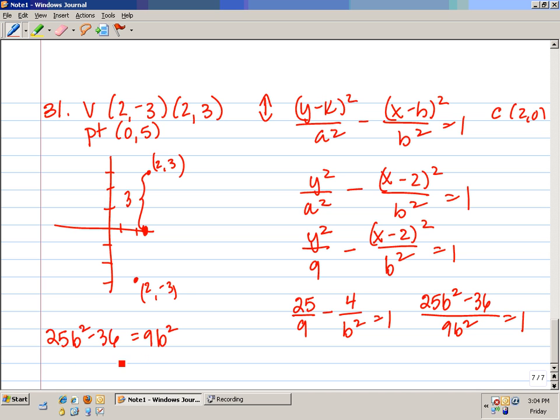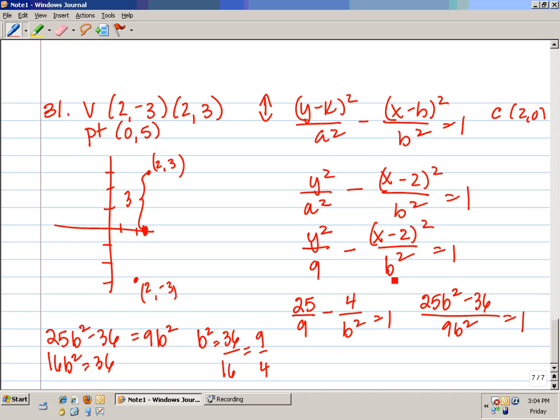Do a little swapping: 25 minus 9 gives me 16b squared equals 36. When I divide, I get that b squared equals 36 over 16, or 9/4.